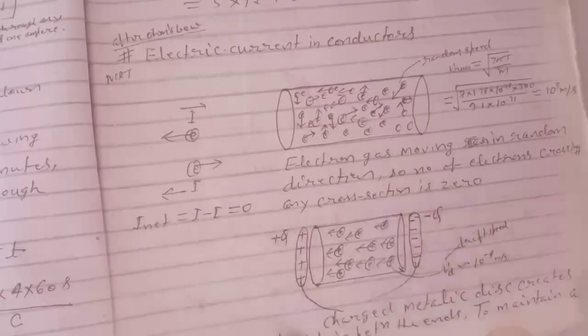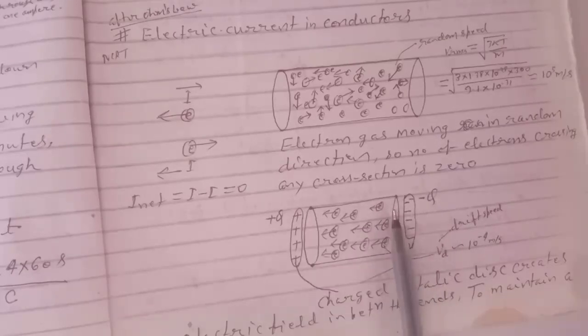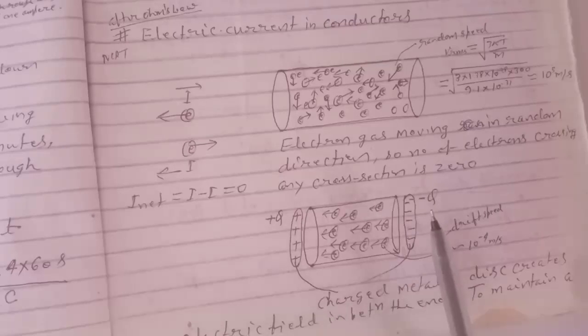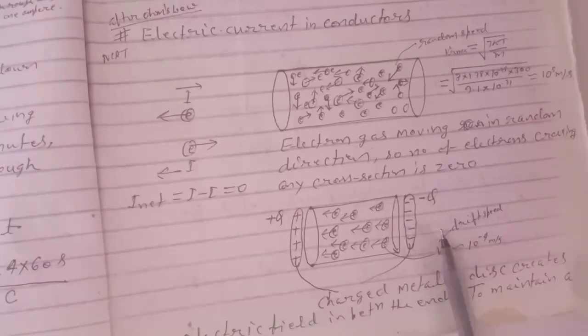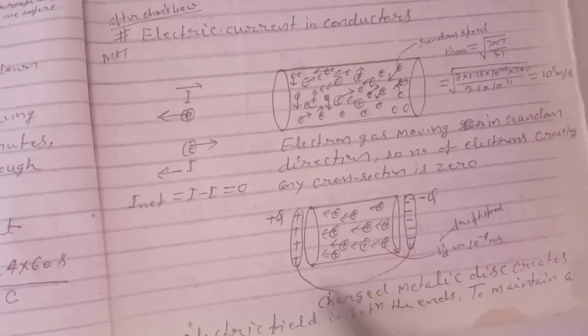Now, when we apply a potential difference to the ends of a conductor, an electric field is set up in the conductor, and electrons start to drift in only one direction. So there is a net drifting of electrons in only one direction, and due to this drifting we have a current flow in the conductor.